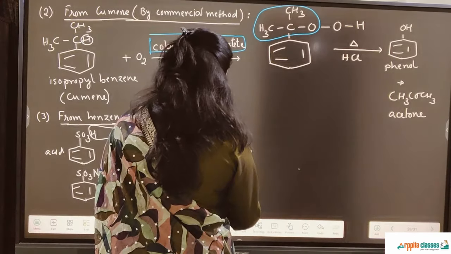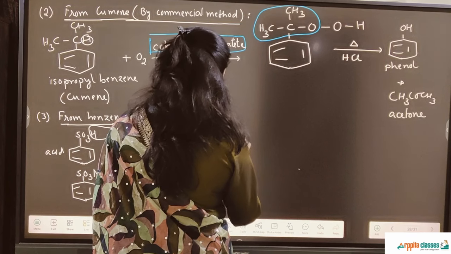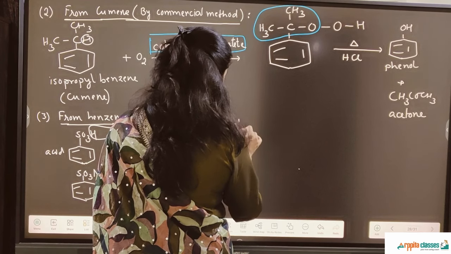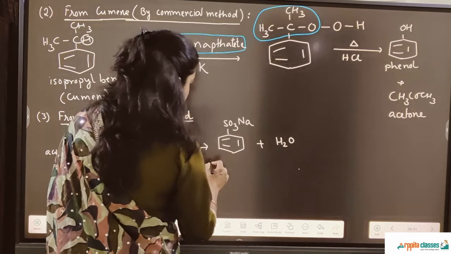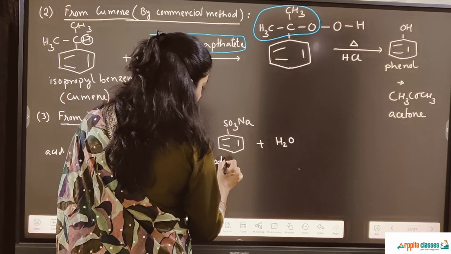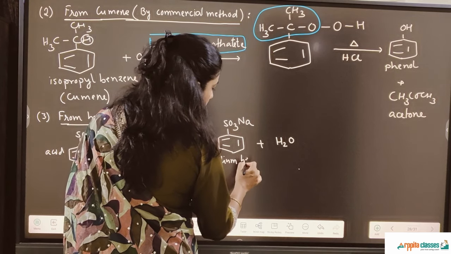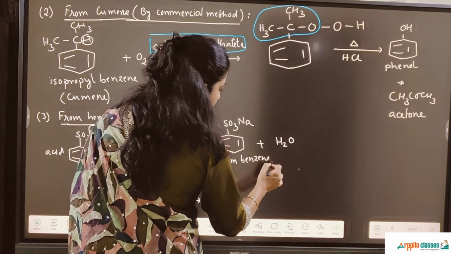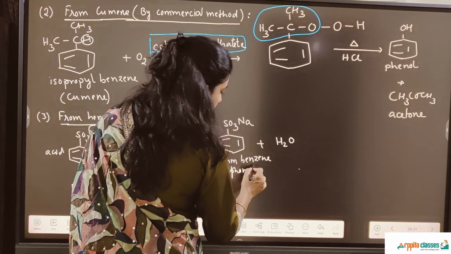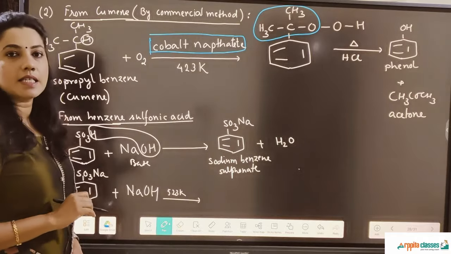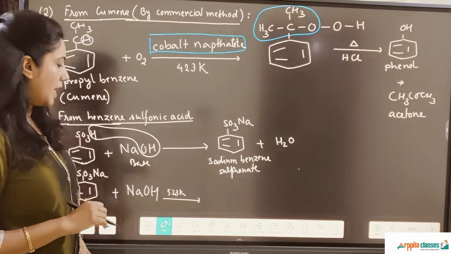So we get SO3Na plus H2O. This is called sodium benzene sulfonate salt. So in the first step we get sodium benzene sulfonate. It is just a neutralization reaction.